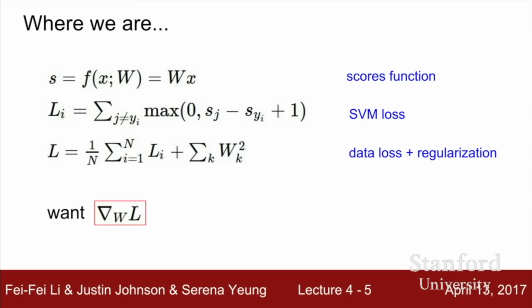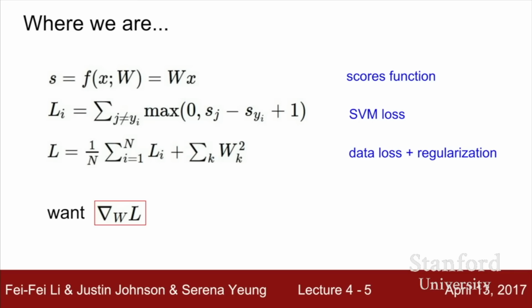Okay, so where we are so far, we've talked about how to define a classifier using a function f parameterized by weights W. And this function f is going to take data x as input and output a vector of scores for each of the classes that you want to classify. And so from here we can also define a loss function.